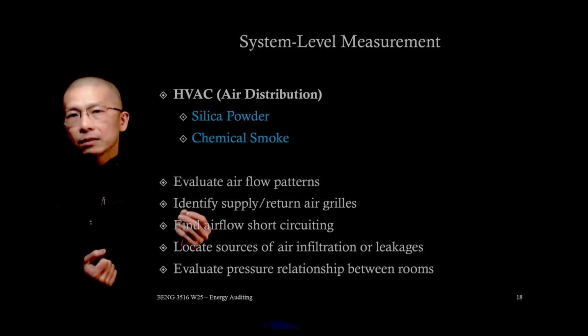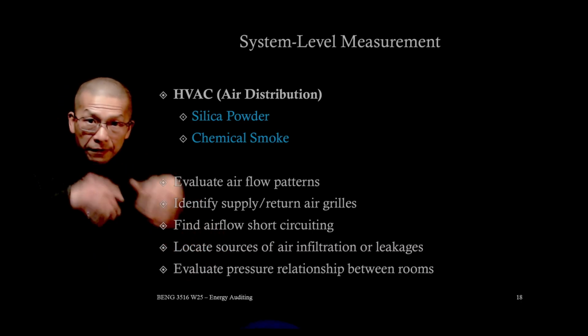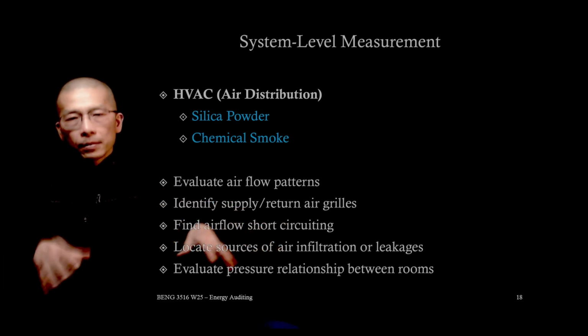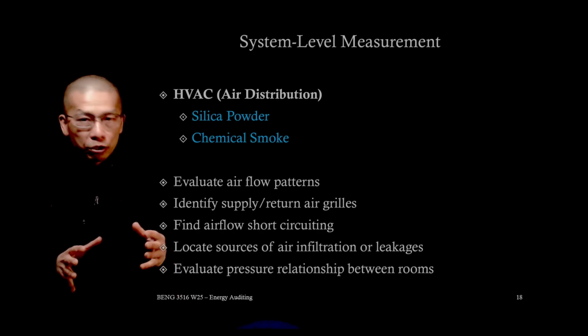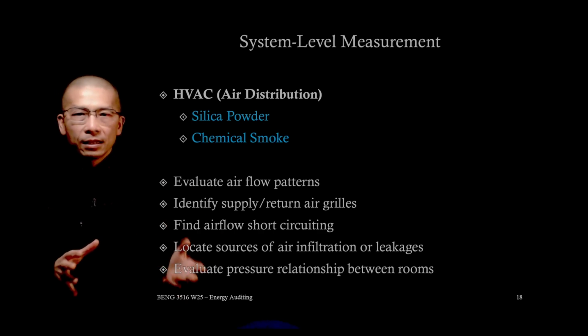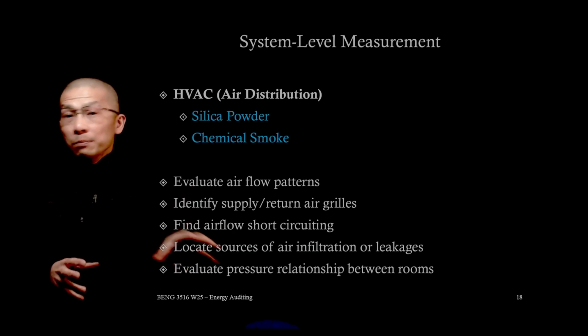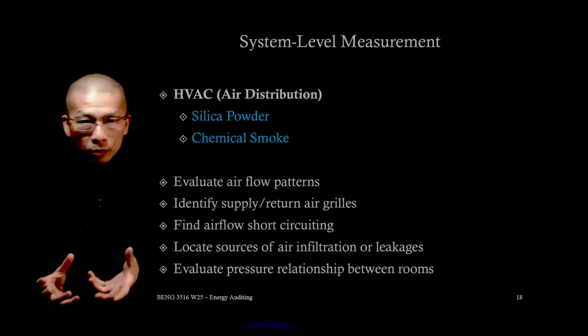When released near supply diffusers, the diffusers that diffuse the supply air, smoke shows us air jet directions, velocity decays, and mixing behaviors. We can immediately identify where the supply air is actually going. Right?